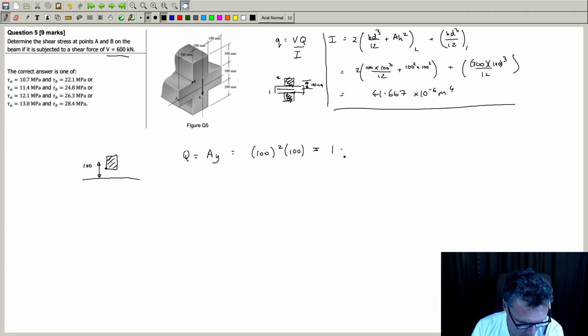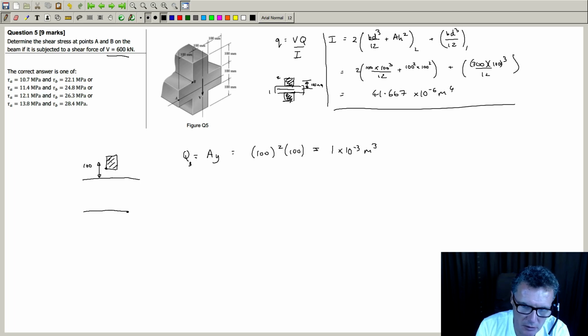And you end up with 1 times 10 to the minus 3 meters to the power of 3. So that gives me my Q there. I'll kind of solve this problem in parallel. So that will be my Q for the point of interest at B.